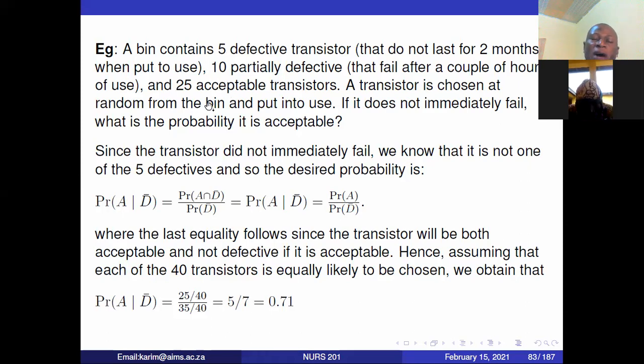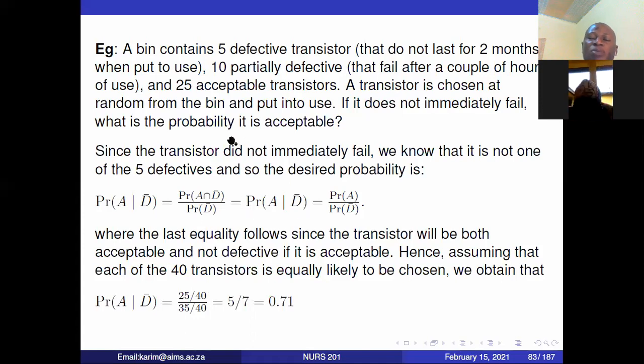The number of transistors that are acceptable is 25. If we take the 25, and then 5 and 10 and add them, the total number of transistors is going to be 40. So the probability of acceptable transistors is going to be 25 divided by 40.